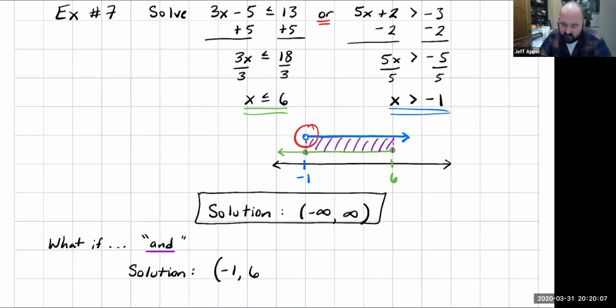If you look at the 6 does work, right? Because when you see the line, it's the same as seeing a closed circle. We have that point on both of our graphs, and because it's on both, we can include it, and we would put the bracket. Okay, so if that word had been and, this would be your answer. But ours was or, and so the answer was all real numbers.